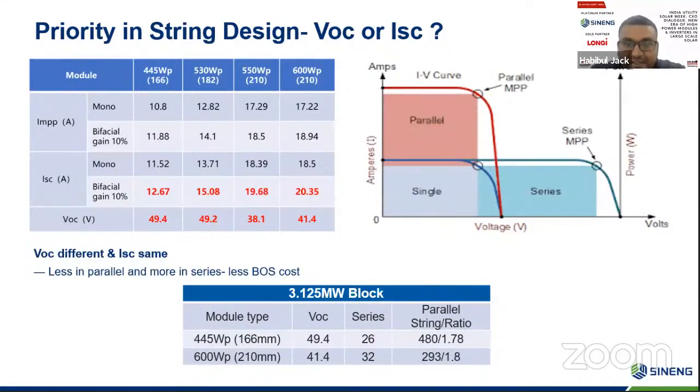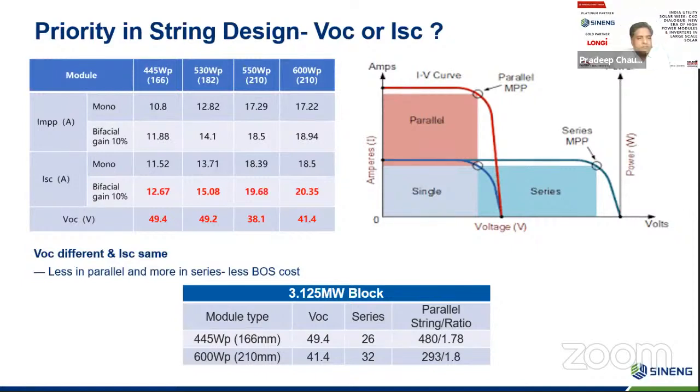For utility project, the system voltage is 1500 volt. We don't connect modules in parallel because that would lead to higher current, and cable loss will be higher. We connect them in series. So in series connected string design, what has priority, VOC or ISC?